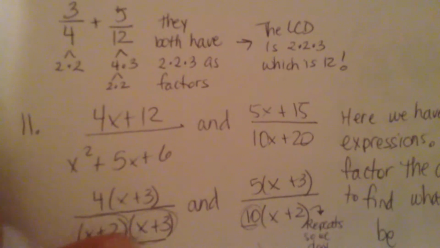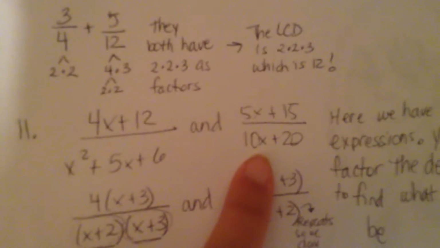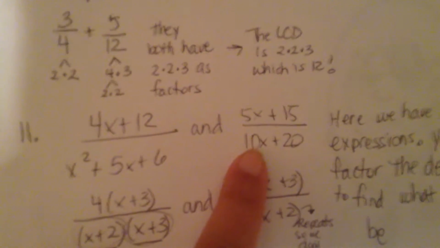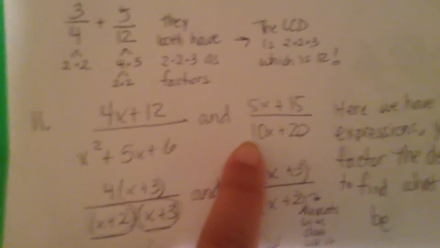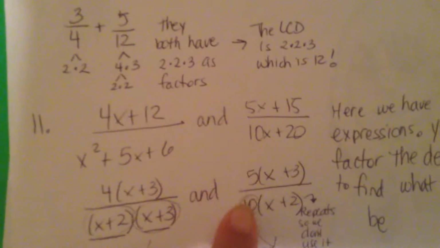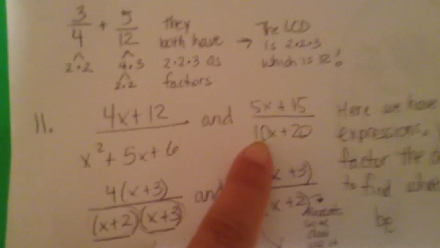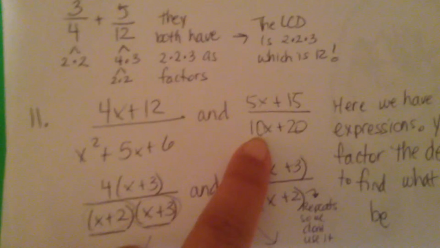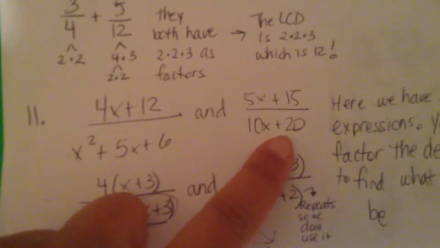So we have 2 and 3, and then over here we have 10x plus 20, and a common factor in both of these is 10, or the greatest common factor. So we're going to pull out the 10, and if we do that, we're going to divide this by 10, so 10 divided by 10 is 1x, and then 20 divided by 10 is 2.